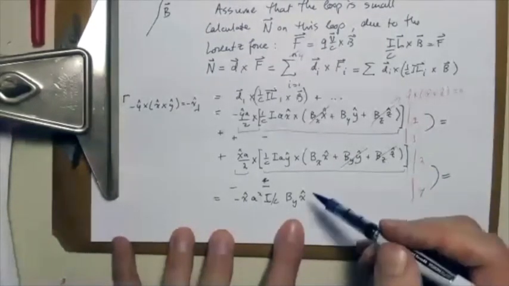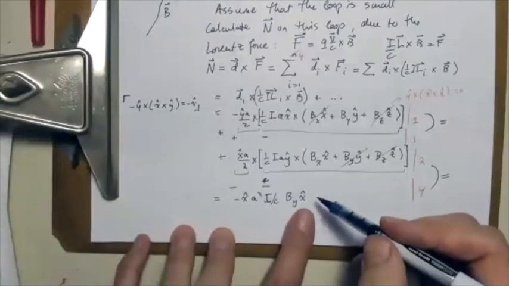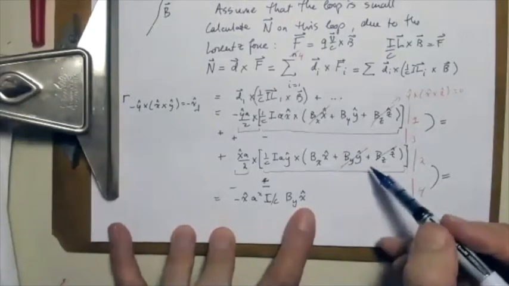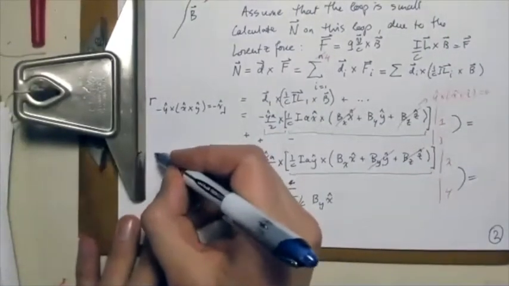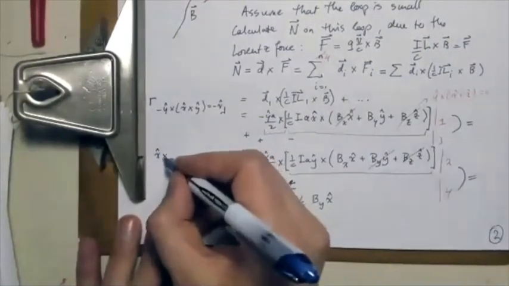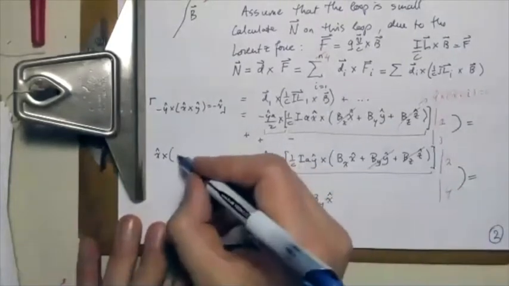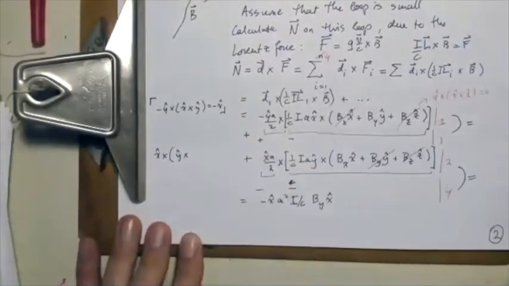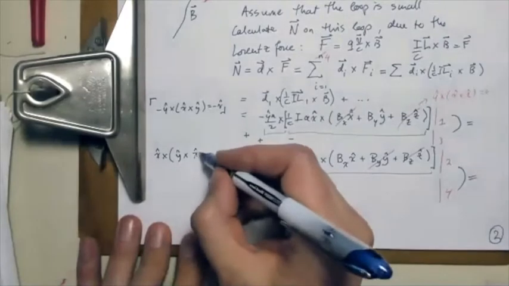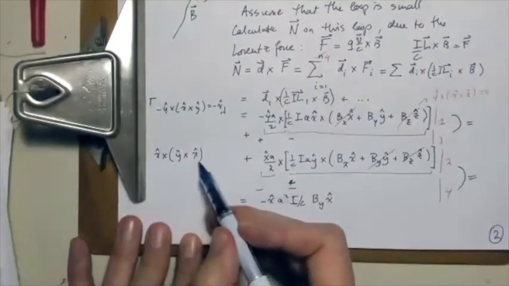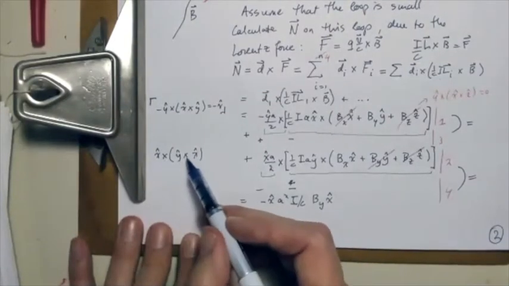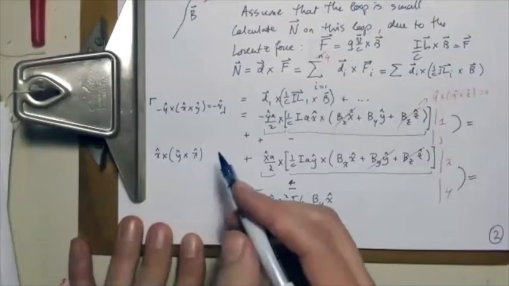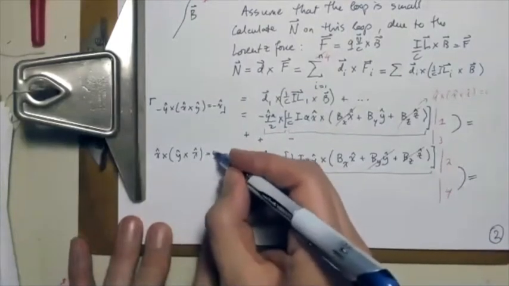Contribution due to the torque of numbers 2 and 4. Let's do this. So our cross product we need to evaluate is x hat crossed with a y hat crossed with an x hat. Okay, now y crossed with x is a minus z, and x crossed with minus z is plus y, so that's y hat.